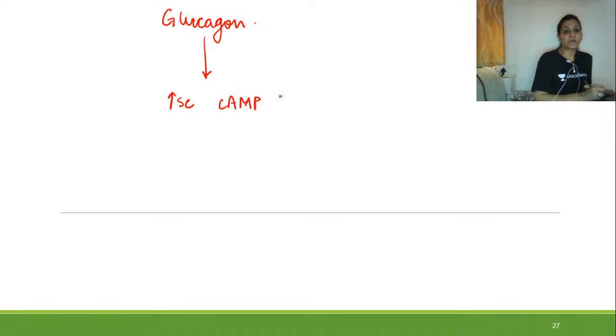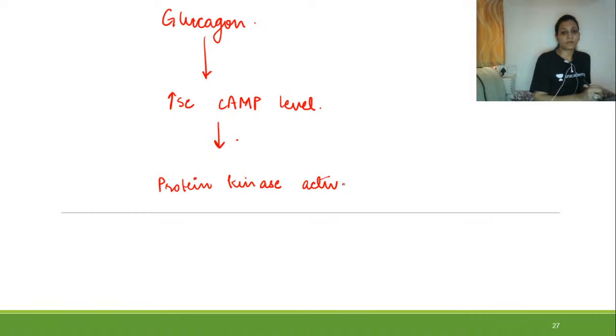Whenever there is an increase in cyclic AMP level, it will activate protein kinase, which phosphorylates glycogen synthase.